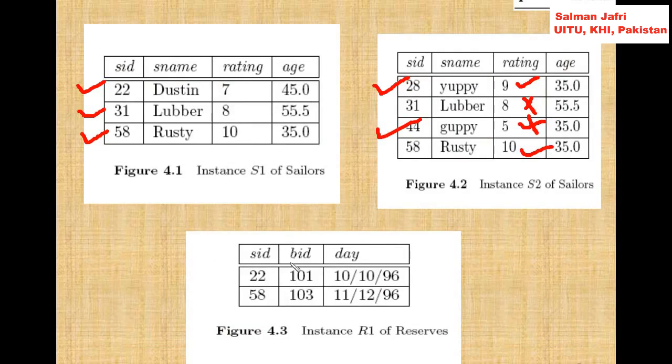This is S, this is R. So this row and this row, this row and this row, followed by this row and this row, and again this row and this row, followed by this row and this row, and this row and this row. So this would be the answer.